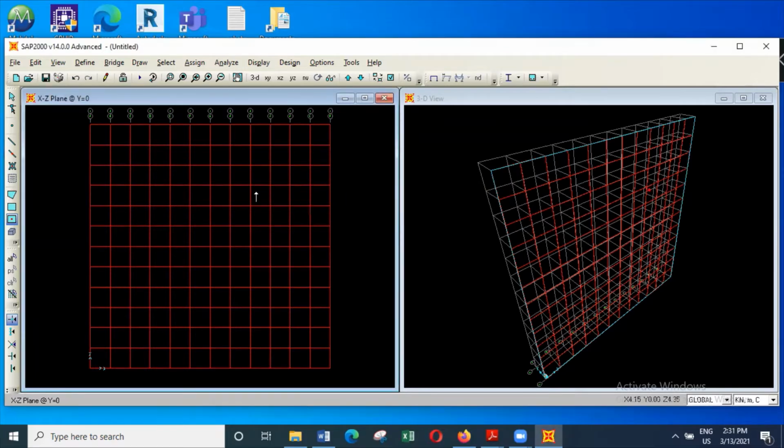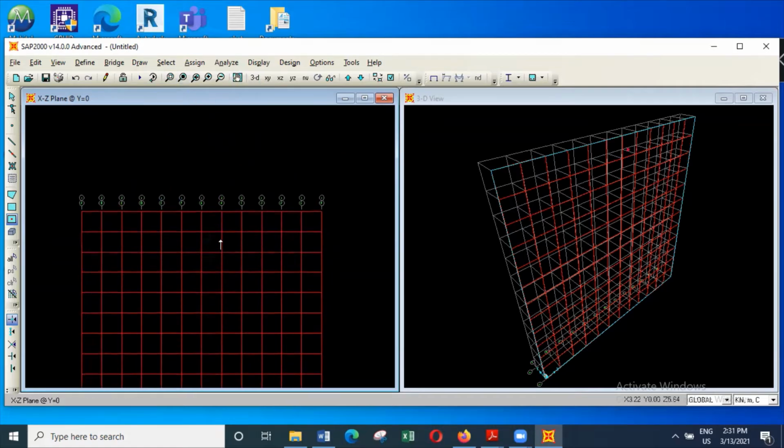So it's wall. And then if you are going to have a concentrated load of 3000 kilonewtons applied over a length of 1 meter. So this is 2.5 meters.